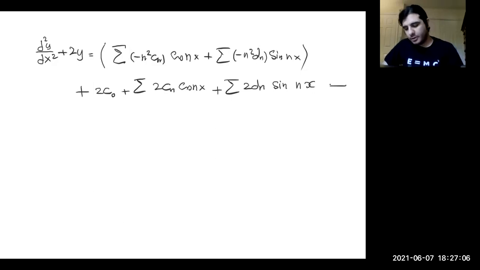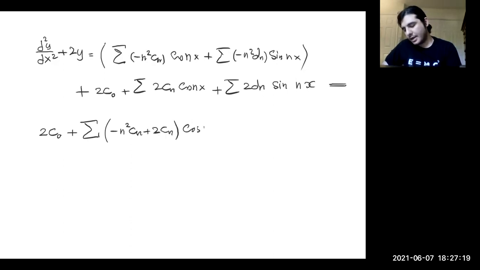And this would be equal to, well, we have the constant 2c naught plus sigma of (minus n squared Cn plus 2cn) cosine nx plus sigma of (minus n squared dn plus 2dn) sine nx.